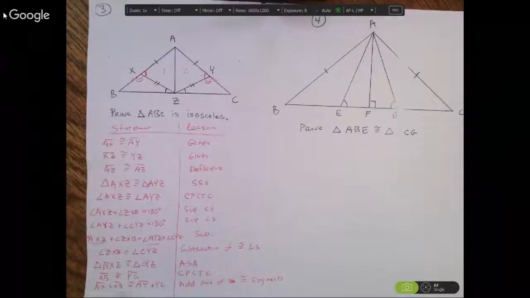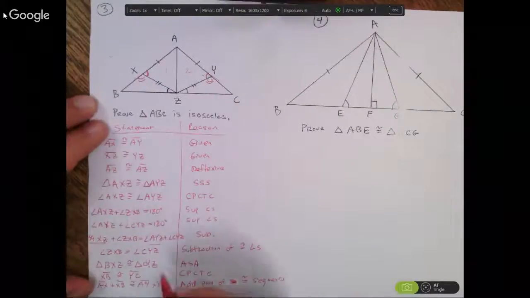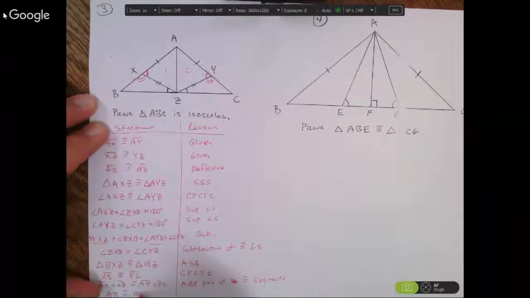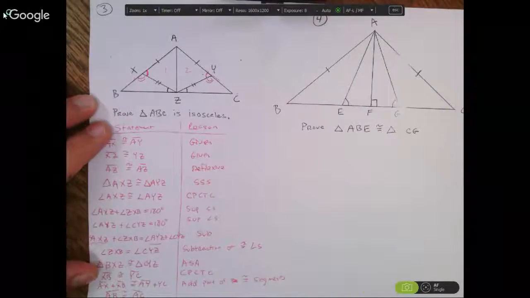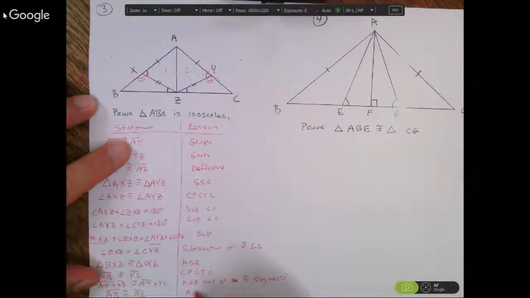Okay, and that makes it quicker where I don't have to say that this equals that, and that equals that. But then I can say AB is congruent to AC, and the reason for that is also segment addition.